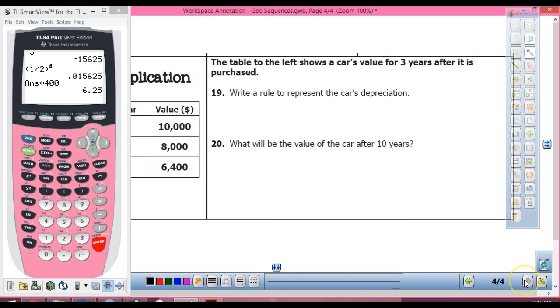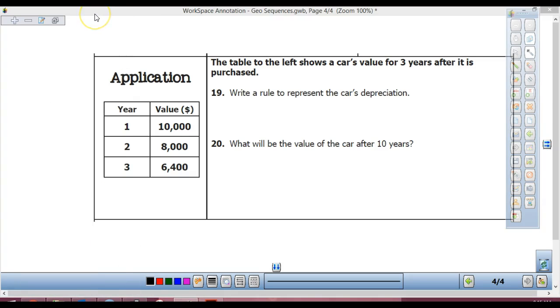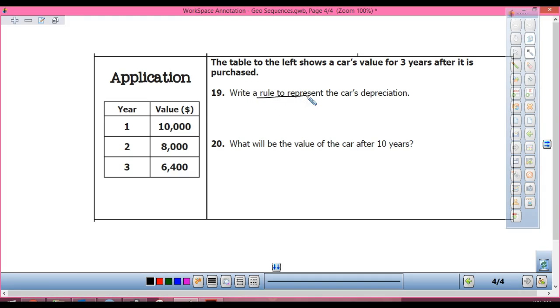All right. Take a look at that word problem. Okay. So when they want a rule for the depreciation, that's our formula. So a sub n equals, what is this car worth right away? 10,000 times, now what's it doing?